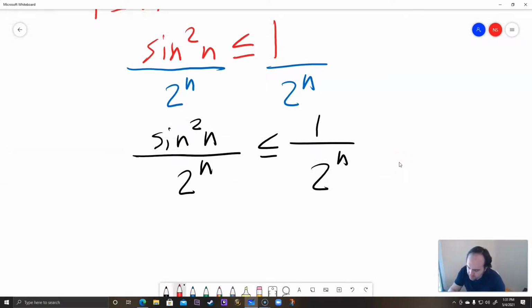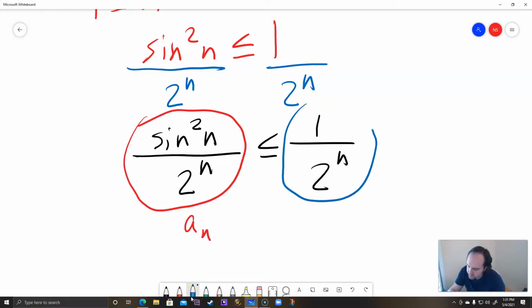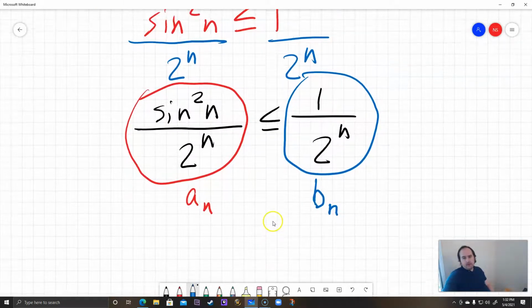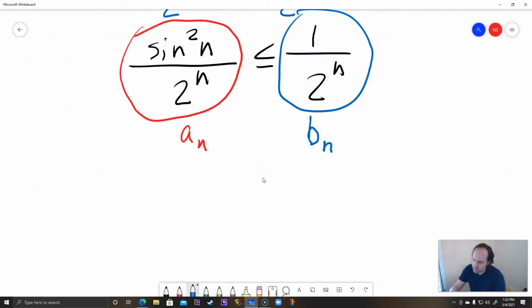I'm going to label the first function as our a sub n, and the second function as b sub n. Since a_n is less than or equal to b_n for all n, we can use the direct comparison test.